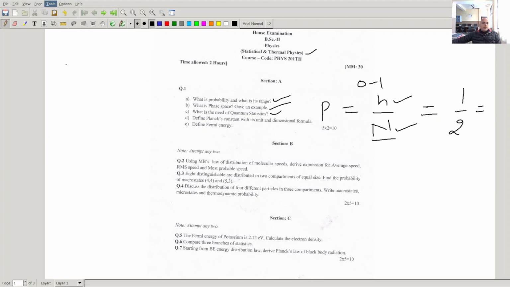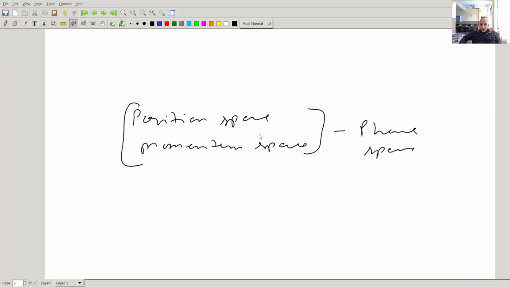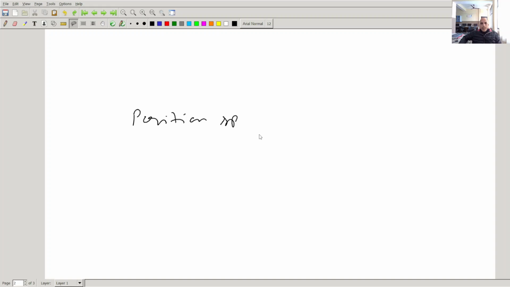I have told you that the entire statistical physics can be classified into two categories, right?